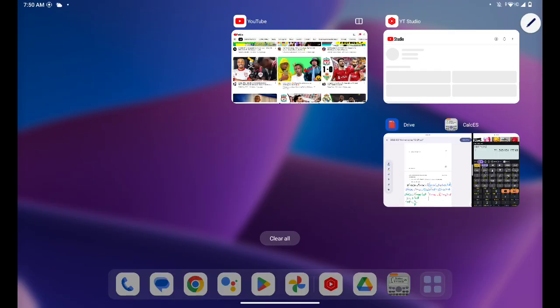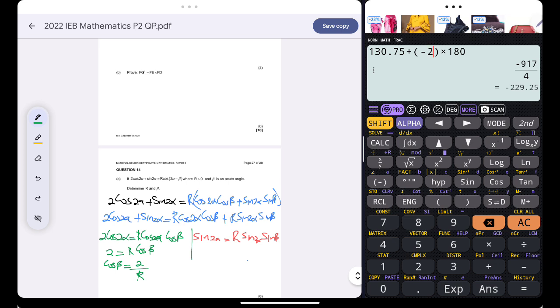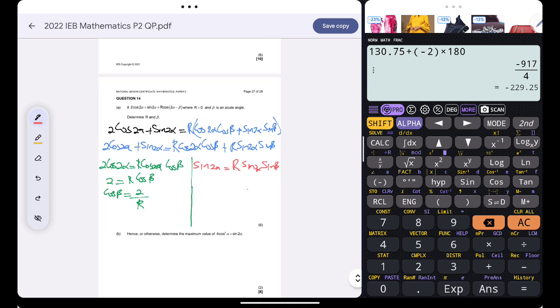And since cos beta is equal to 2 over r, let's just leave it like this and focus on the red part. We can see what we can conclude later on. If we can divide both sides by sine 2a, I'll be left with 1 this side and r sine beta. So sine beta is 1 over r.